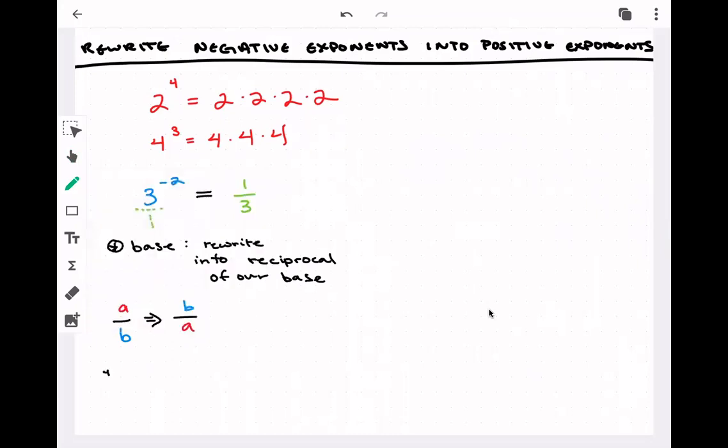Now we need to deal with our exponents and what we do with that part. So we have a negative 2, and it's attached to that 3. So what we're going to do is we want to go from negative to positive, and since our 3 is now in that denominator, all we have to do is just switch the sign of our exponent.